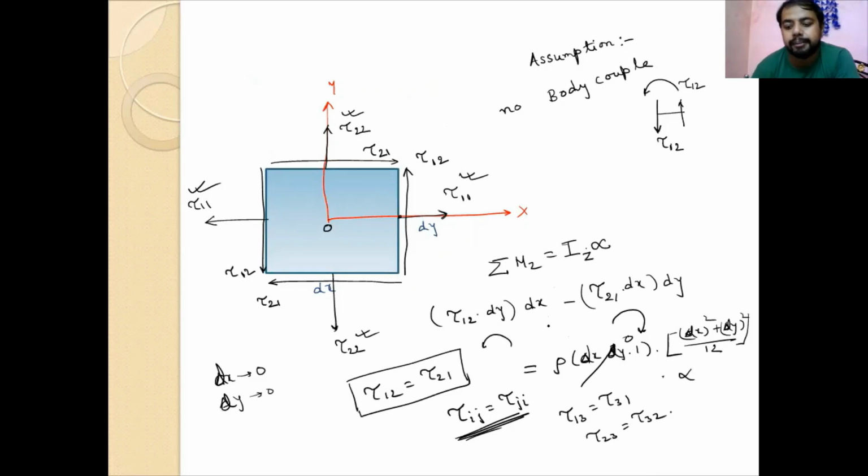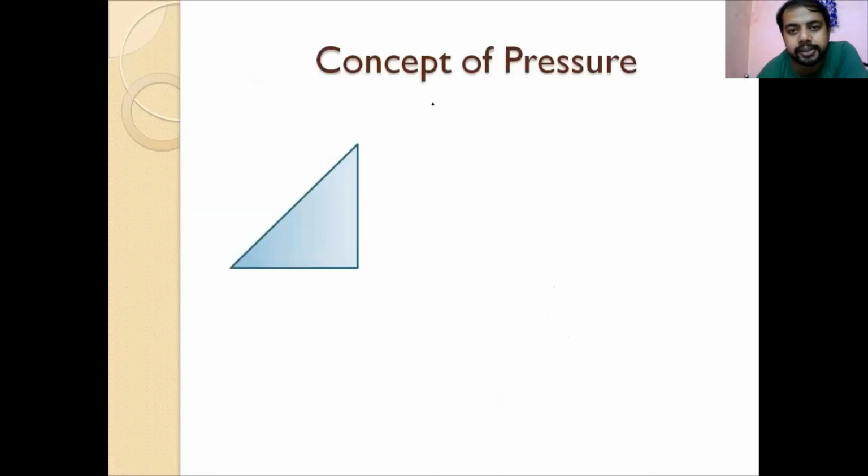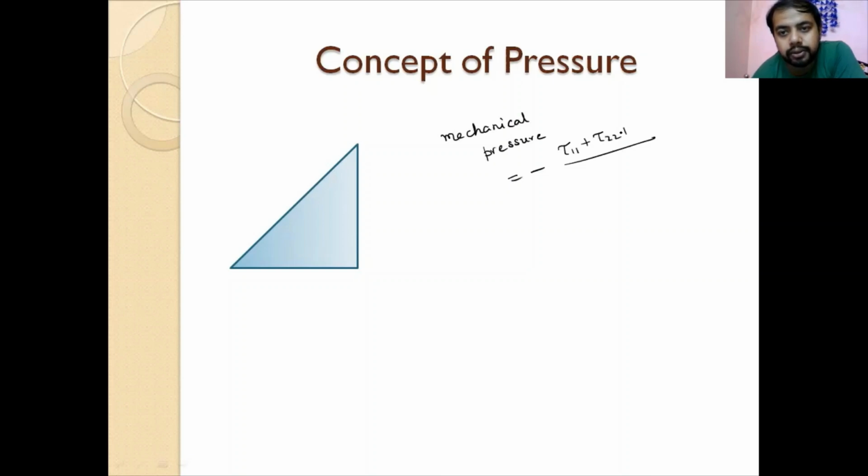As a prelude, the mechanical pressure is nothing but the average of the normal components, minus one third of (tau 1 1 plus tau 2 2 plus tau 3 3). And why this negative? Because pressure is compressive in nature. We'll see it next lecture.